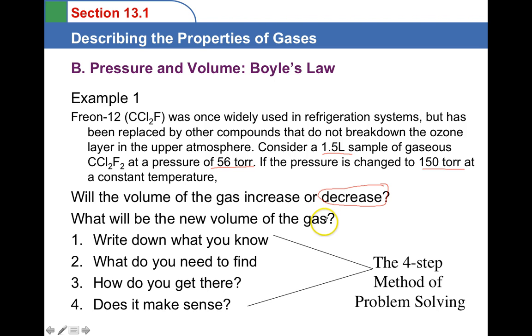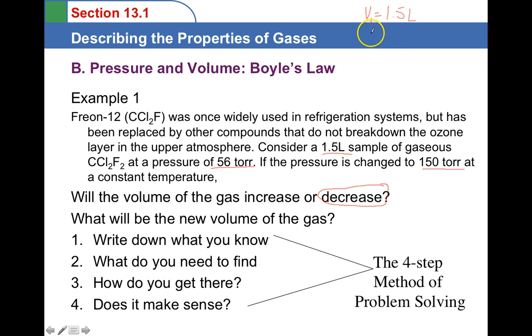Well, this is where we're going to use our four-step method of problem solving. First of all, write down what you know. Now, I don't have a whole lot of room on this screen, so I'm going to be writing, and I'm going to start up here. I know that the initial volume, V1, is equal to 1.5 liters.